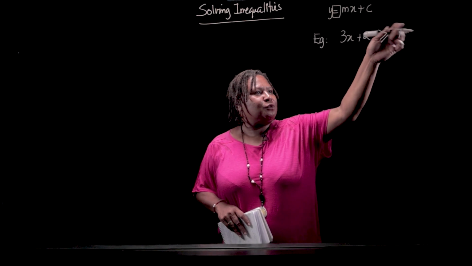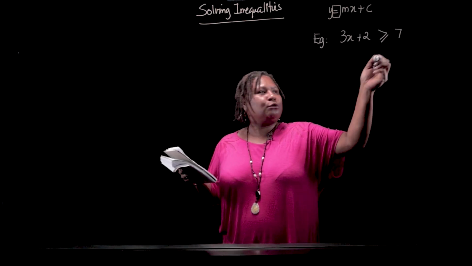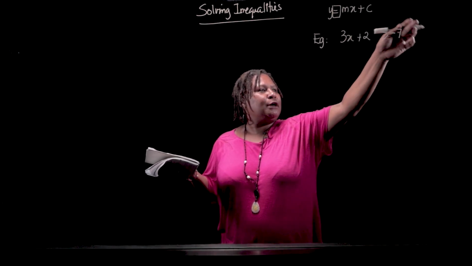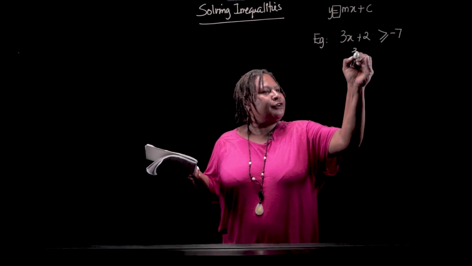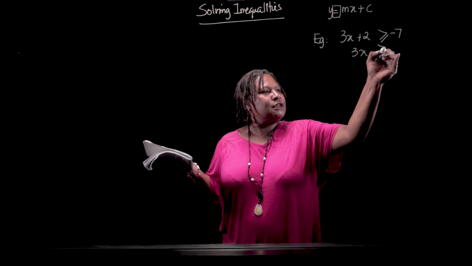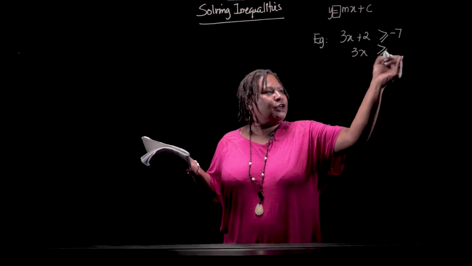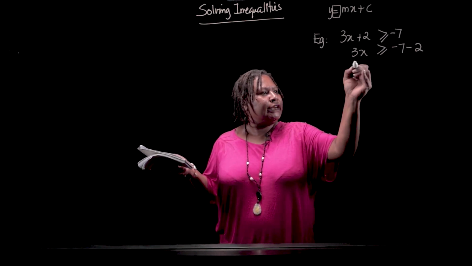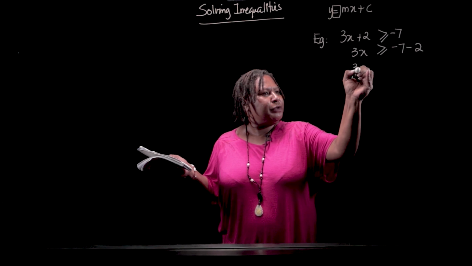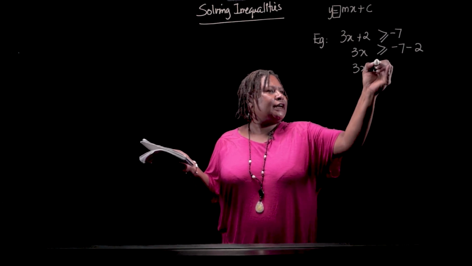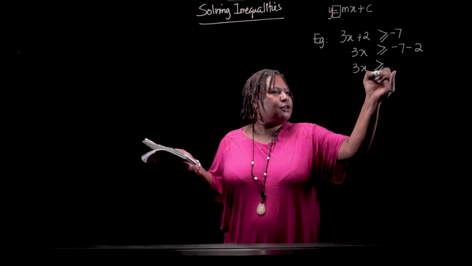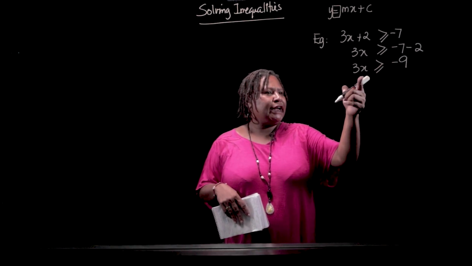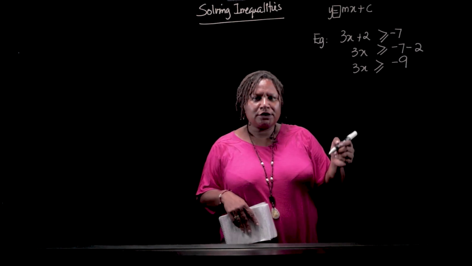So if I take positive 2 across to that side, it will become, now this is negative 7, so I forgot that. We take positive 2 across, 3x becomes greater than or equal to 7 minus 2. Okay, your inequality symbol remains the same. So 3x greater than or equal to 5, and to find x, we are going to divide by positive 3.